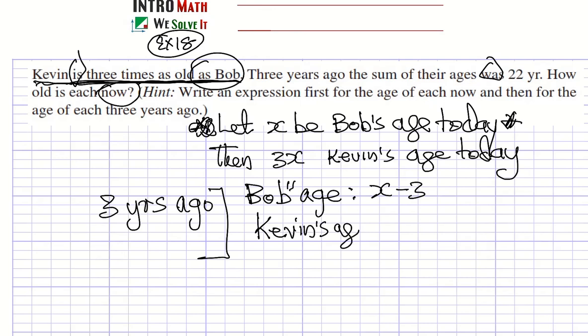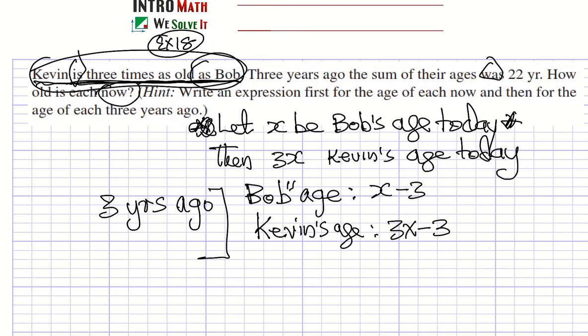Kevin's age 3 years ago is 3x minus 3, because they gave us that condition. And they said 3 years ago the sum of their ages was 22.